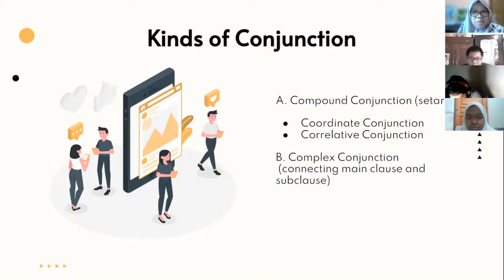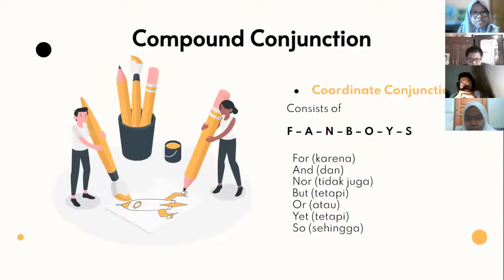The first is compound conjunction, and in compound conjunction we also have coordinate conjunction and correlative conjunction. The other kind is complex conjunction, which connects the main clause and the subclause. However, for today, let's talk about compound conjunction first.